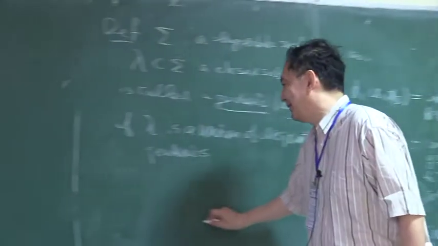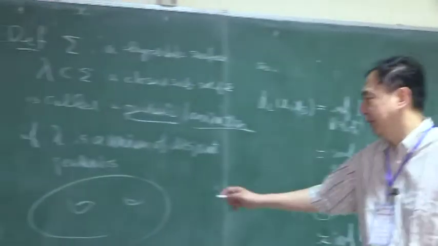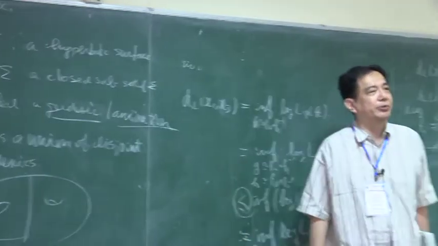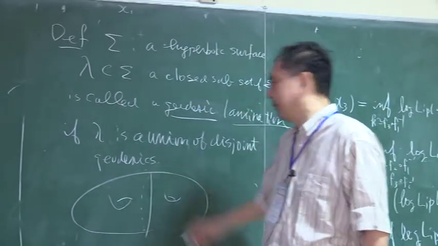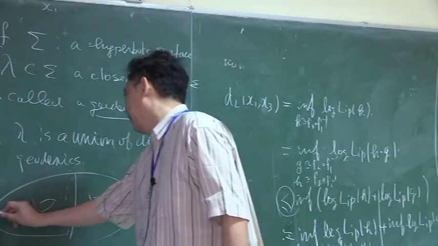So a typical example of a geodesic lamination is something like this. This is a hyperbolic surface of genus 2. We draw a closed geodesic here, and probably there also.